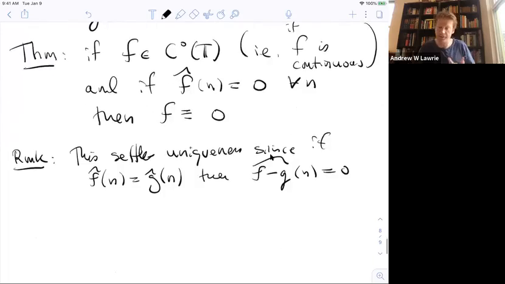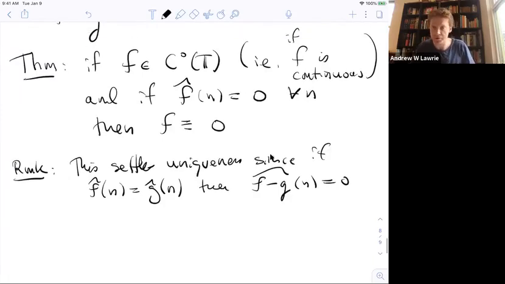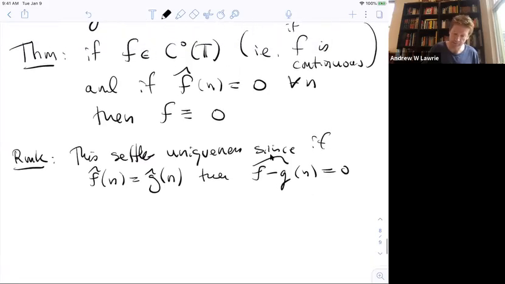So if I take the difference of the two functions, their Fourier coefficients would all be 0. And if I can prove that the resulting function has to be 0, then that means that f minus g is equal to 0. Okay, so let's start the proof of this uniqueness theorem.